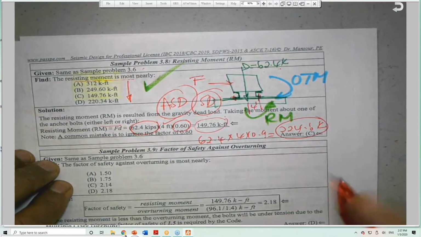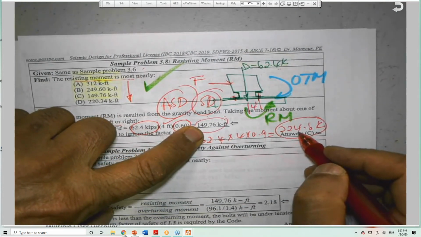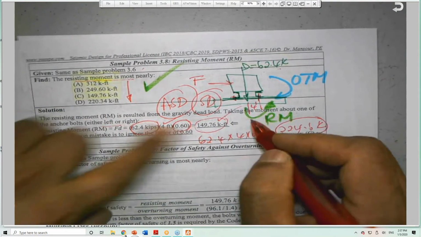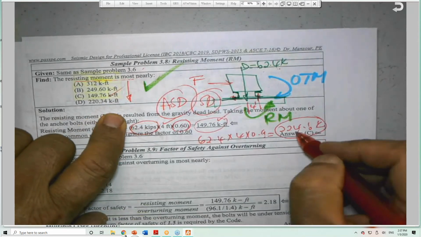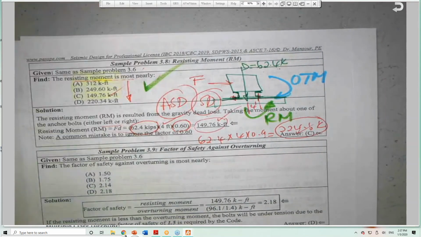If he includes both answers, because this will not be a fair question. Are you following me? If he included this answer, which is already here, and if he included this answer also, he has to specify the method, strength design or ASD.